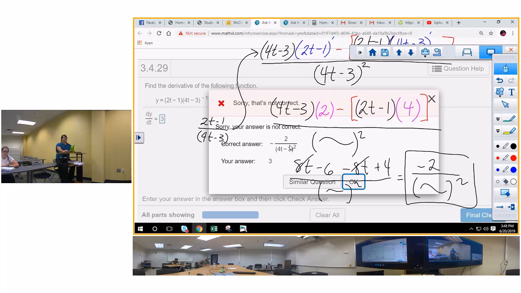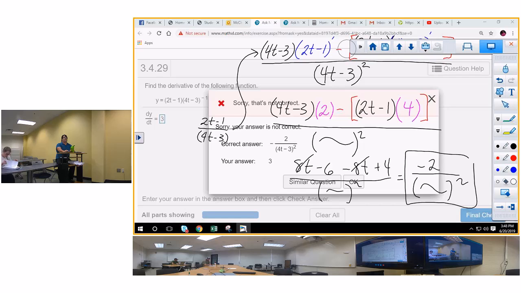Negative 2 over 4t minus 3 to the second power. And for those who don't know what the squiggle is, 4t minus 3. Those are two good test questions. So whoever sent that question, that was a good test question. Anybody got a question on these two?